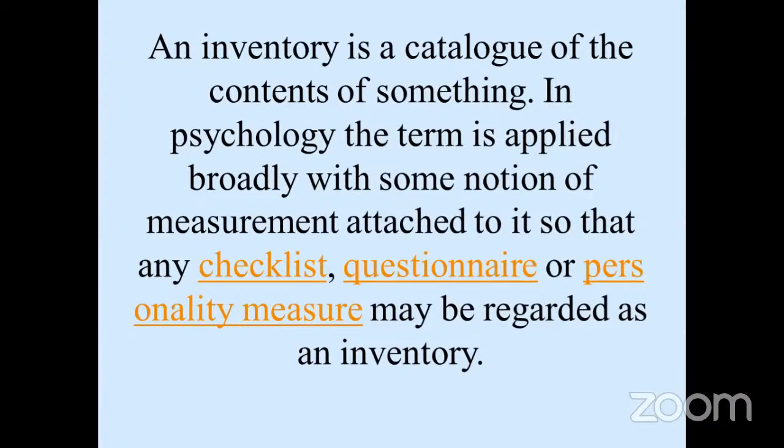For biographical inventories, we have the Barrett-Lennard Relationship Inventory, BLRI. Then we have clinical inventories like BDI, which is the Beck Depression Inventory, and then the Psychological Screening Inventory, PSI, and then we have personality inventories like the California Psychological Inventory, and then the Eysenck Personality Inventory, and there are many of them.